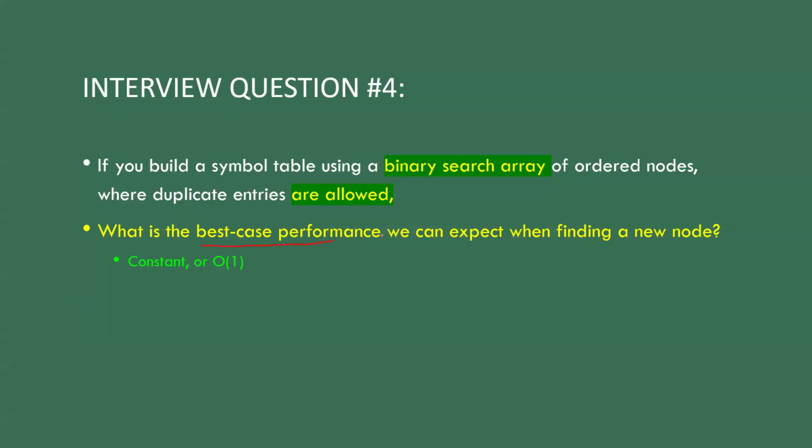This is the best case performance, and again, I should have changed this to omega to be proper. So I'm going to go back and update my notes, because best case is omega, not big O. That's just because we might actually find it on our first guess. So these are slightly trick questions, I suppose.